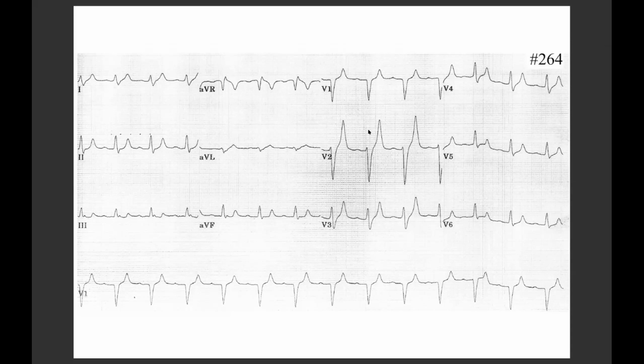T, like Tom. Yes, it's very tall, especially you can see it in V2. So what could it be? Almost the same as an R wave. True. So flat P, PR elongated, widening of the QRS, and the tall T wave.